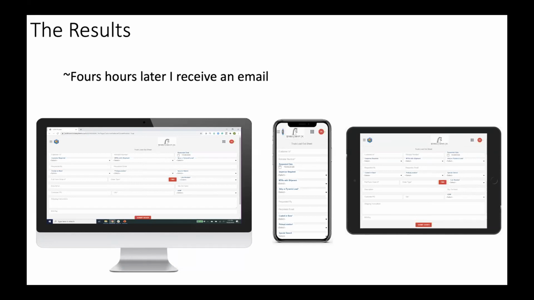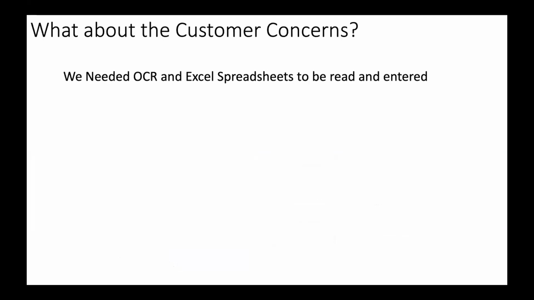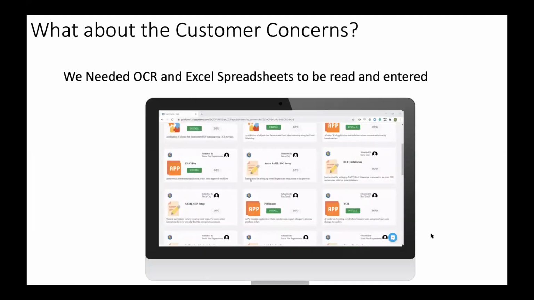So I ask the shipping manager, what do you think? And he comes back with, yeah, but what about the customers? Obviously he had been talking to our president about this need for the PDF extracts and the Excel extracts. So in speaking to Grant, he said, oh, that's easy.